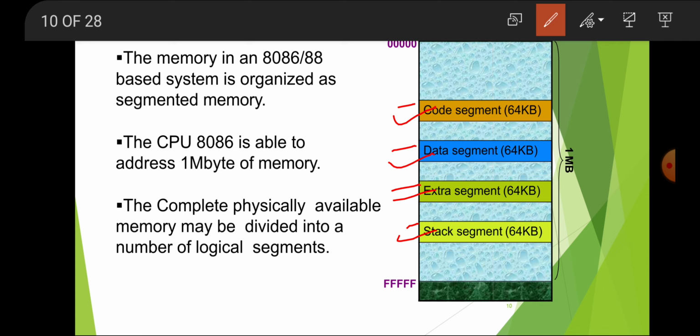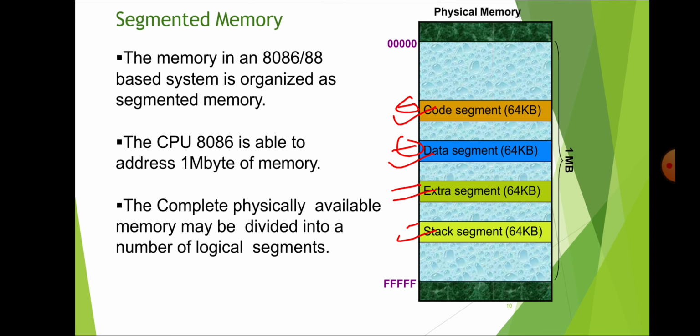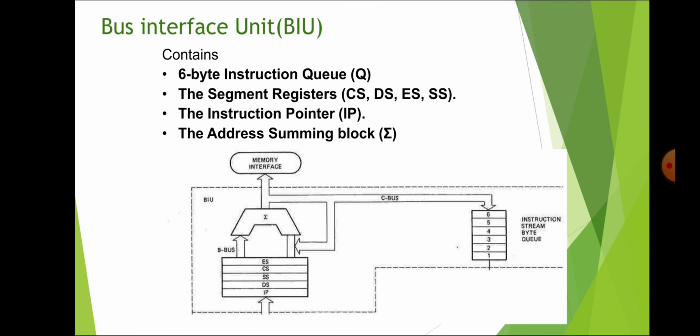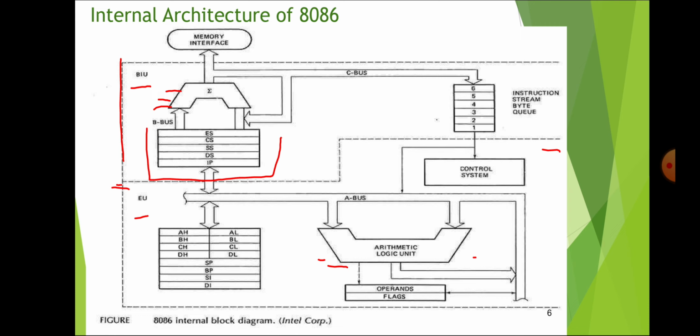Each has a starting address, and this starting address is stored in ES, CS, SS and DS. Are you getting what I am saying?